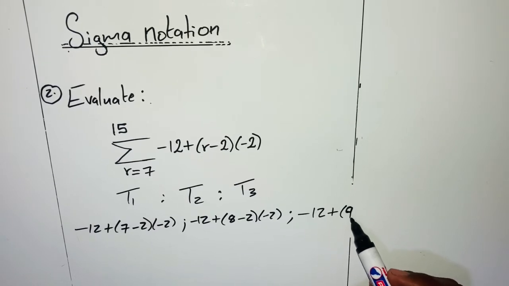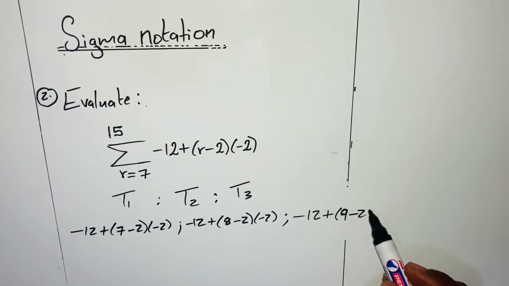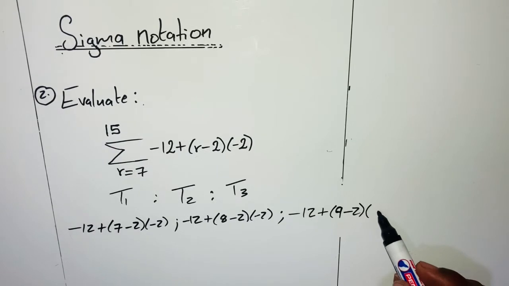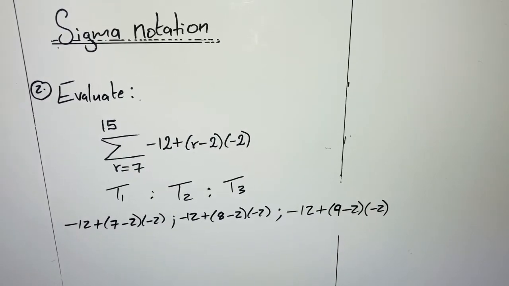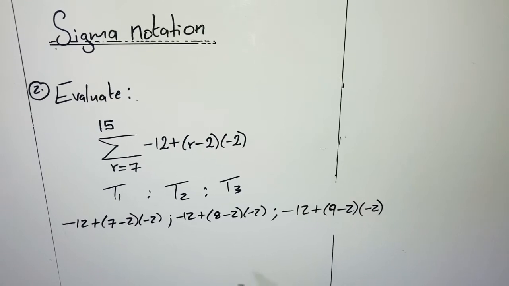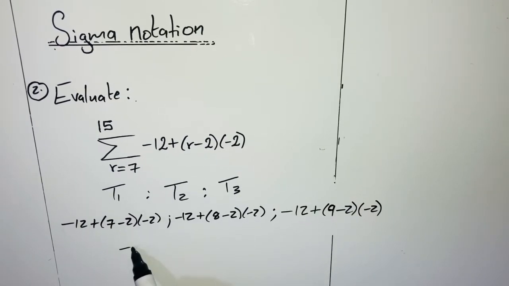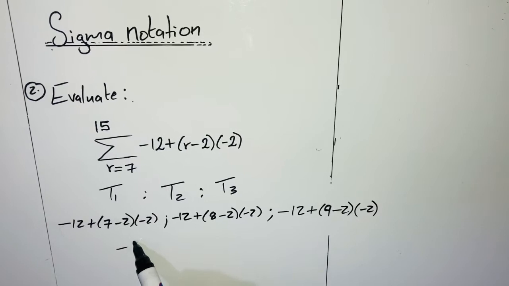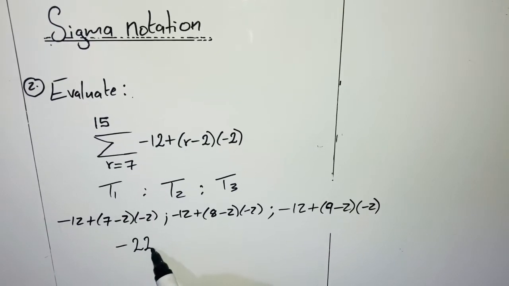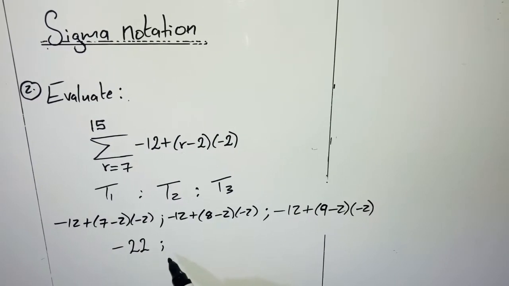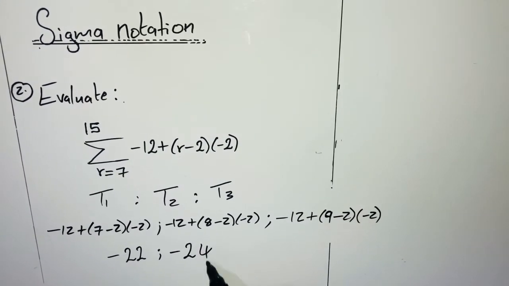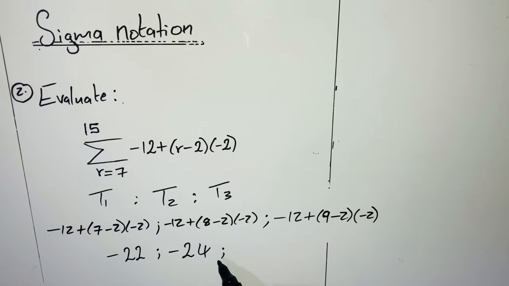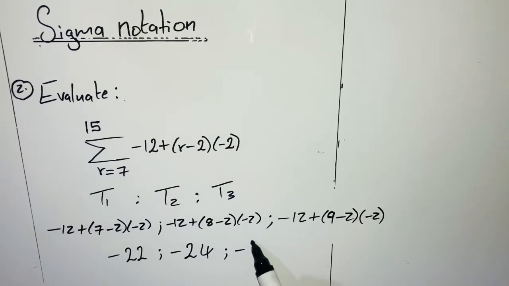It's now a 9 minus a 2 to the negative 2. Then my T1 is negative 22. My T2 is negative 24. My T3 is negative 26.